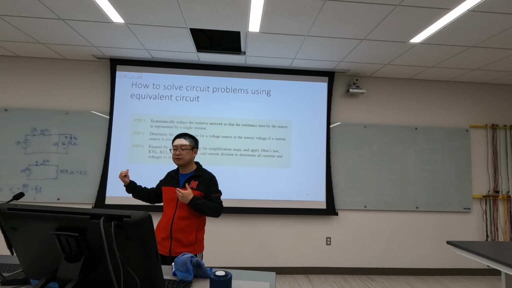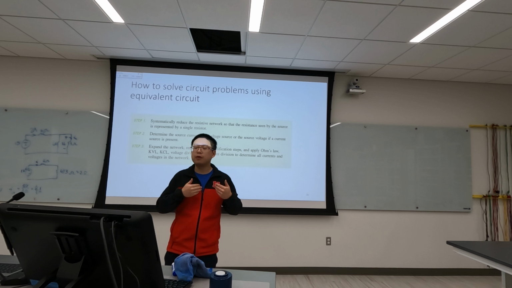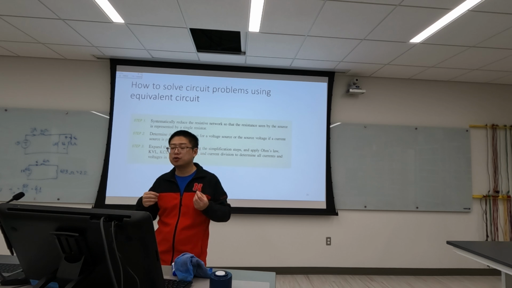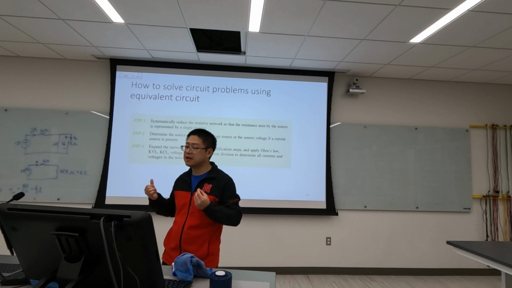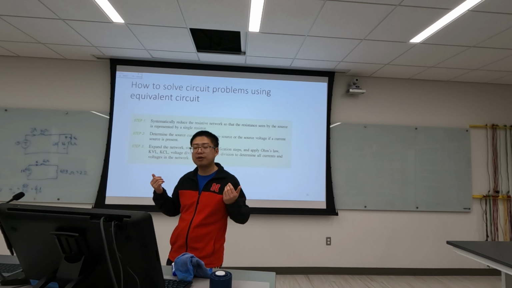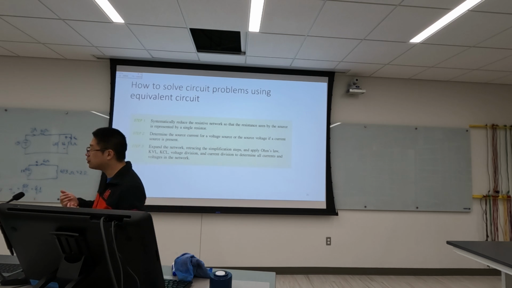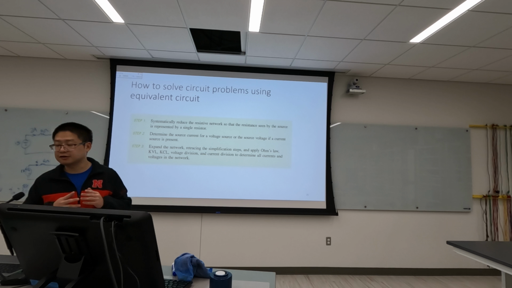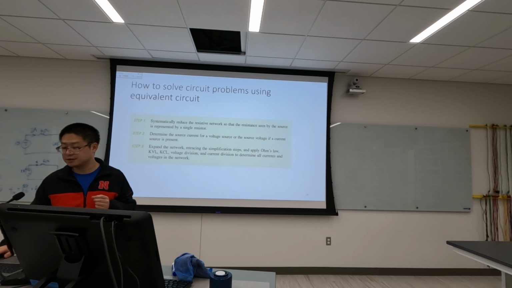If it's a current source, we determine the source voltage, and then we expand the network, retracing the simplification steps. Apply Ohm's law, KVL, KCL, voltage division, and current division to determine all currents and voltages in the network. So that's how we solve the circuit problem using an equivalent circuit.